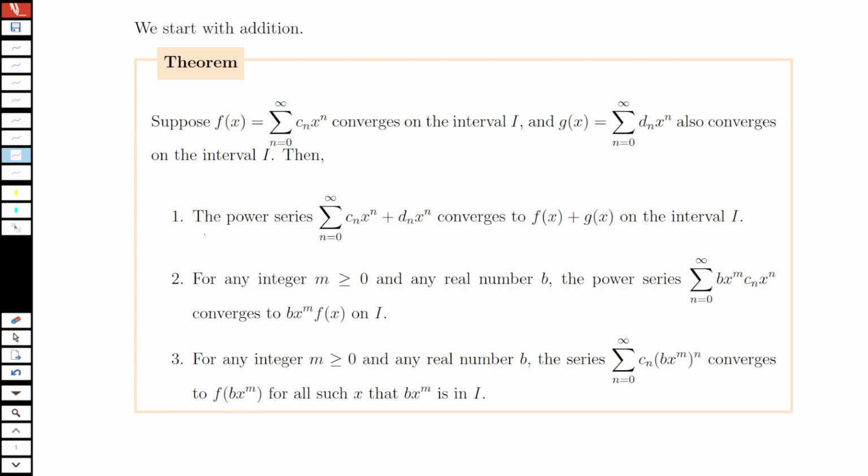Okay, so we can add power series. We can multiply by constants, including powers of x. And property 3 is we can do composition.